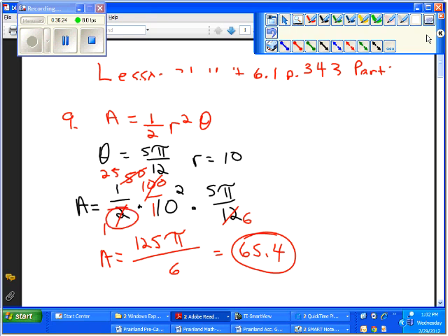I said this 2 goes into that 150, and then I took a 2 out of that 12 and got a 6, and then I took a 2 out of that 50. I just kept cross-reducing until I got it as small as I could. Right. Any questions on number 9? Everybody good?